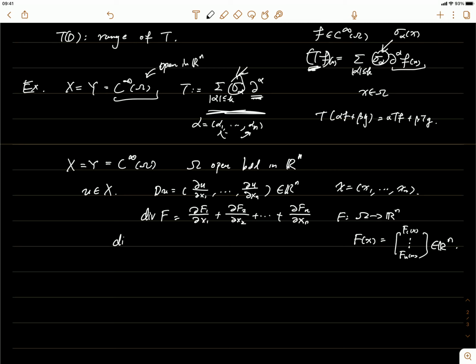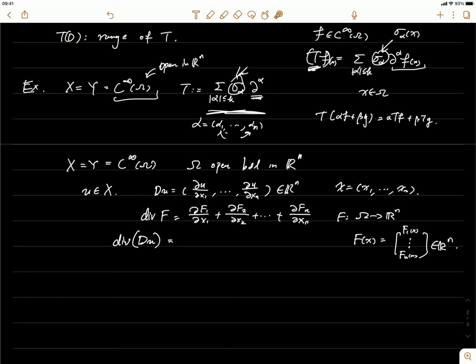Then the composition of the two: you take the gradient of u, you get a vector, and you take the divergence of this vector again. Then as you can see, this is f1 now, right? And then you take the partial derivative of this f1 with respect to x1.